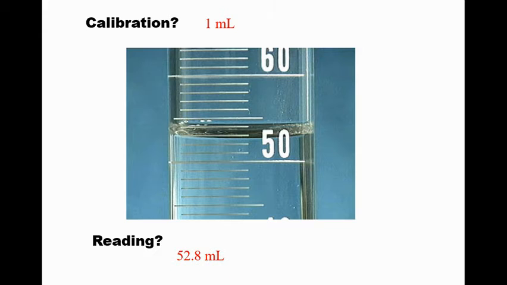So I'm just going to say I think that measurement is 52.8 milliliters. Now, if you read it as 52.5, 52.7, 52.9, those are also acceptable answers. They're within the range of possible answers.